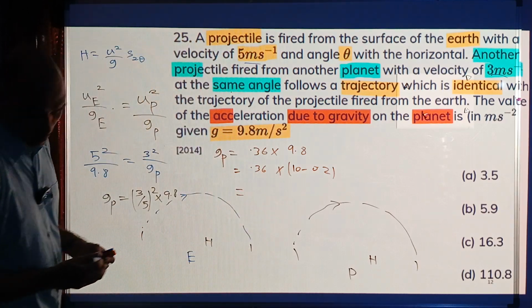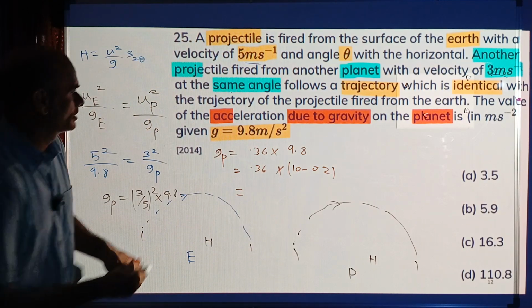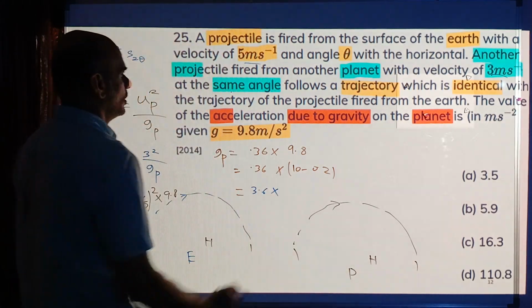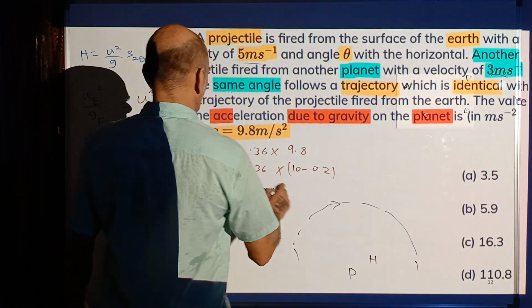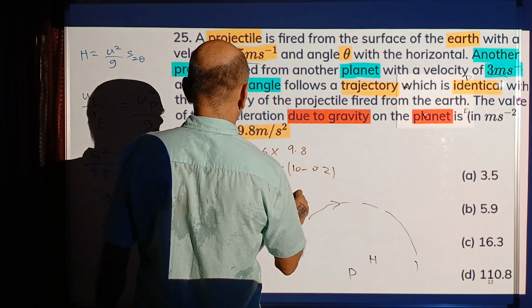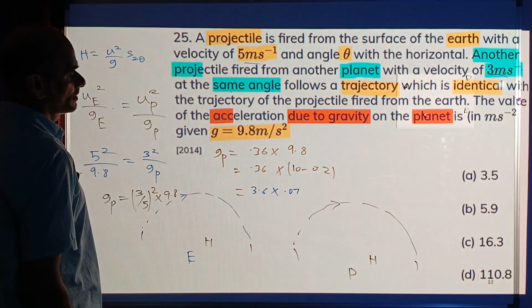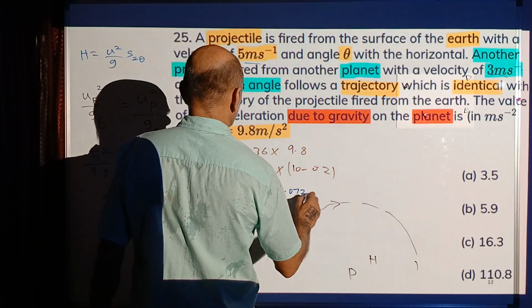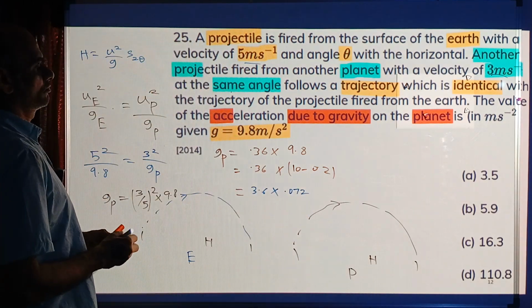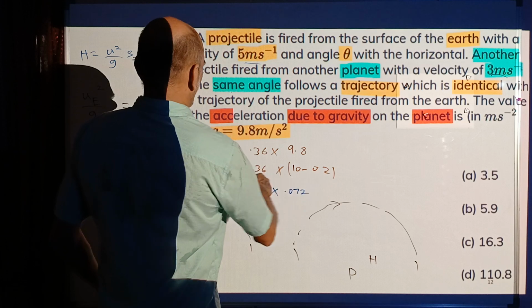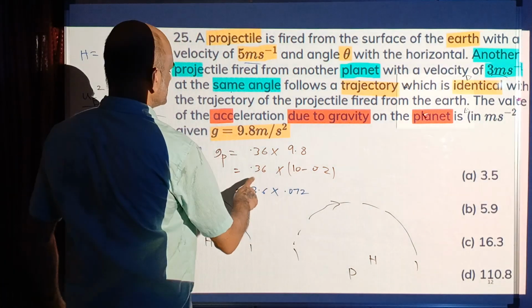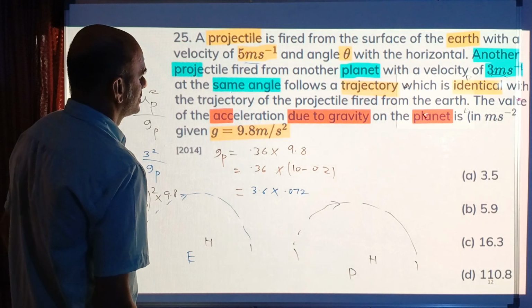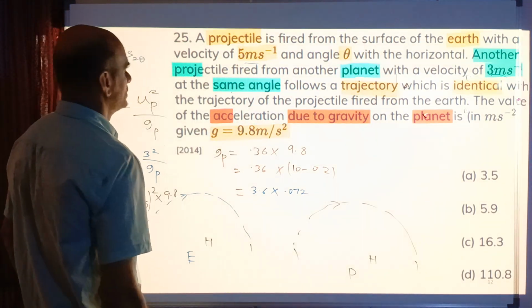So 10 times this 0.36 is 3.6, minus 0.2 times 0.36. 0.2 is 1 by 5. So this divided by 5 is 0.072.